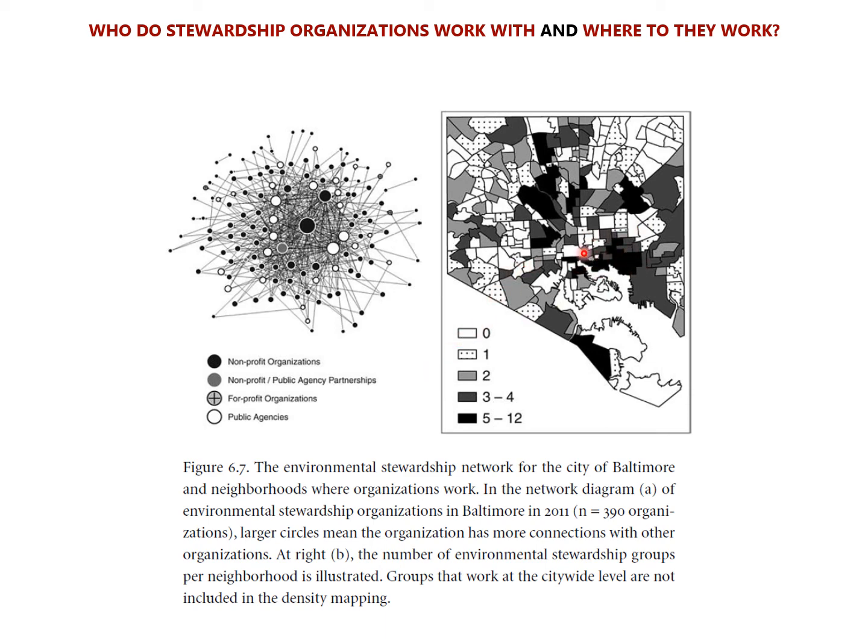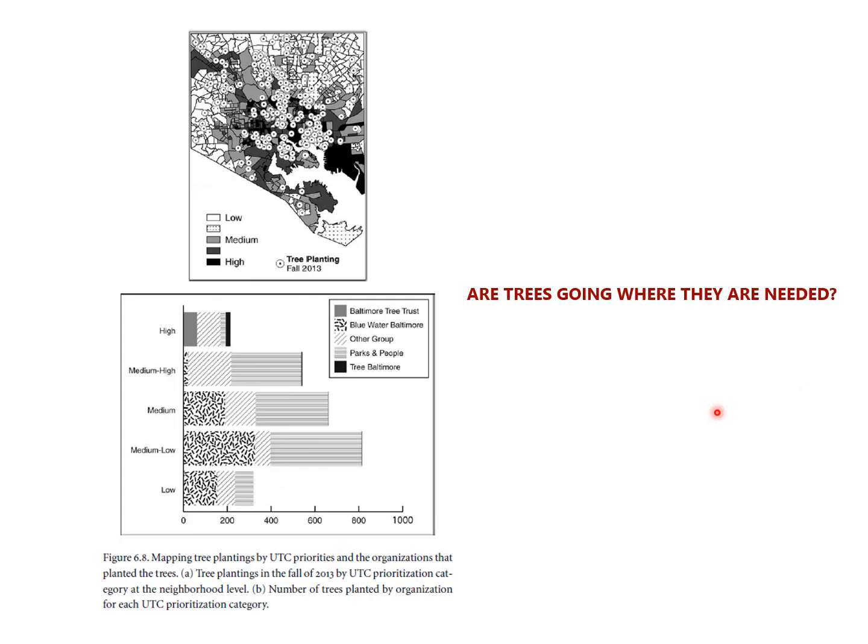Some of these patches have a lot and they're in high priority areas. Some of them have a lot and they're not really in areas that need it the most. And I think this shows a little bit more. So they tracked all the tree plantings from fall 2013 and mapped those out. You can see how those correspond to the patches, and they designated these patches in terms of a priority.